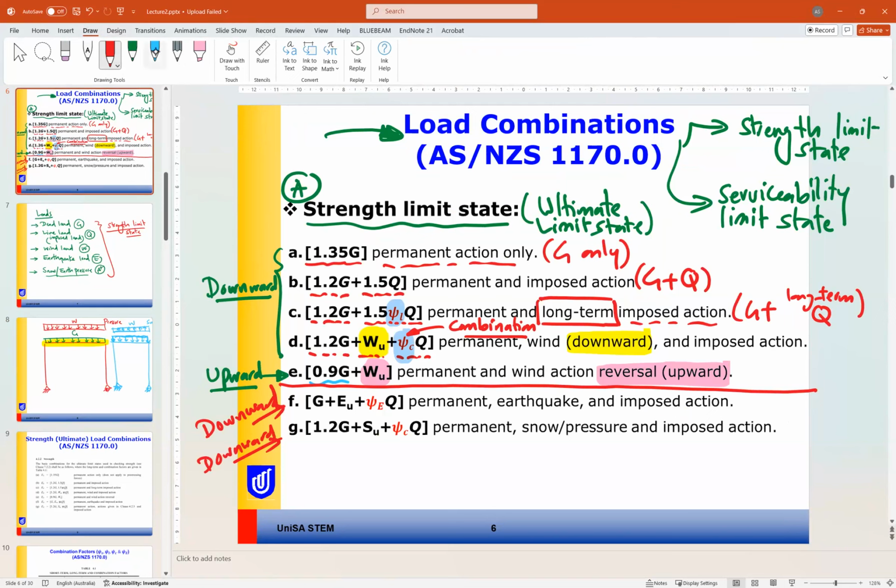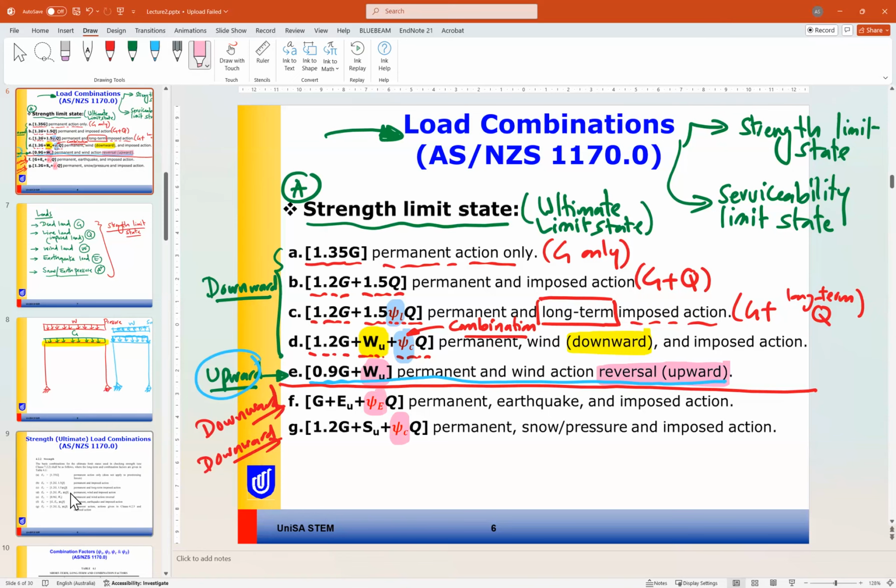So the only one upward is for wind here, reversal action. And the parameter for this combination is psi E, and for this combination is psi C.